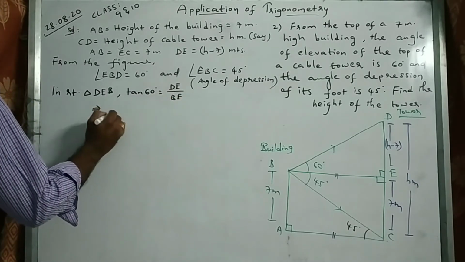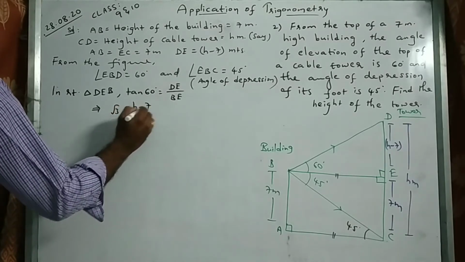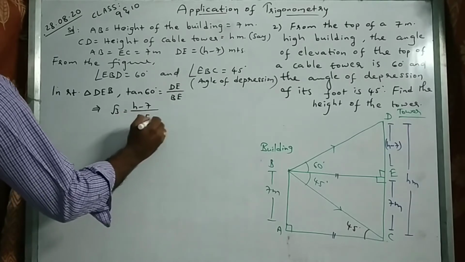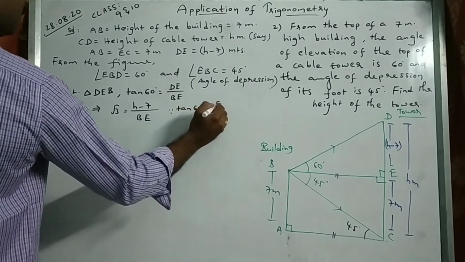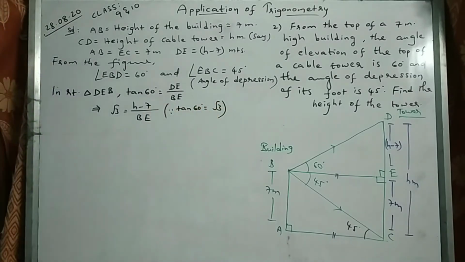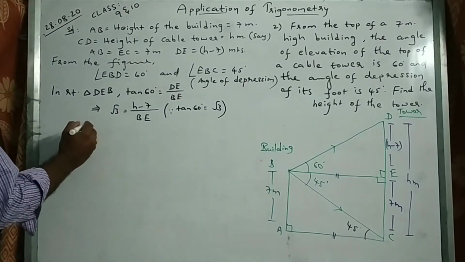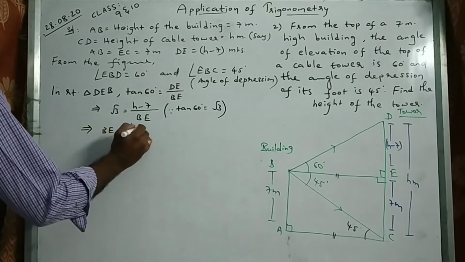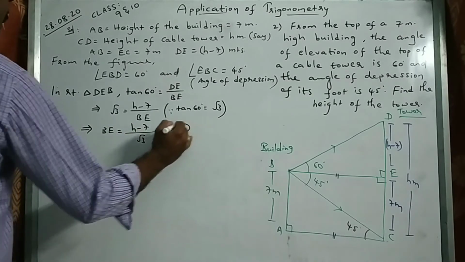So tan 60 value root 3 equals DE, H minus 7, upon BE. Tan 60 degrees value is root 3. Tan theta means opposite to theta by adjacent to theta. So BE is equal to H minus 7 upon root 3, equation 1.